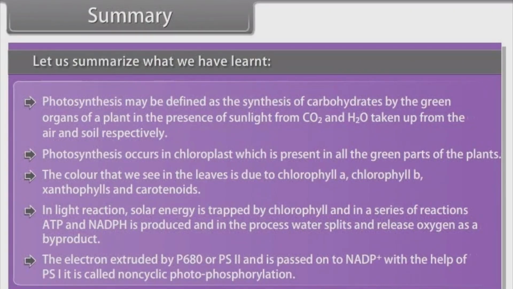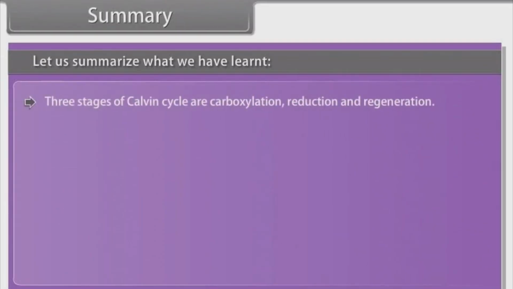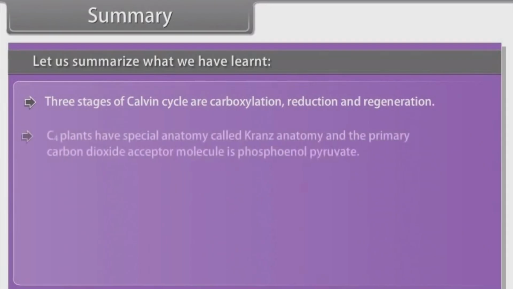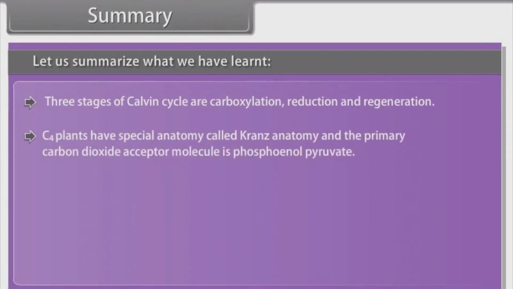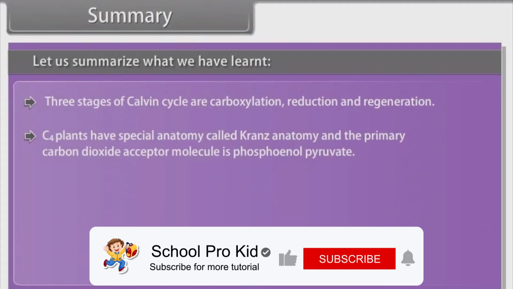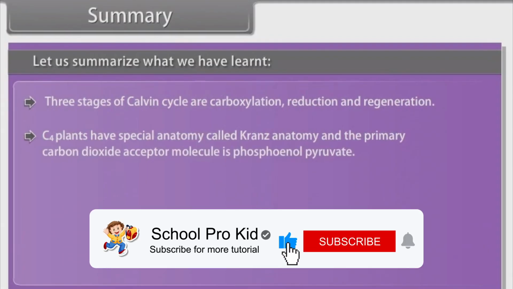It is called non-cyclic photophosphorylation. The three stages of the Calvin cycle are carboxylation, reduction, and regeneration. C4 plants have special anatomy called Kranz anatomy, and the primary carbon dioxide acceptor molecule is phosphoenol pyruvate.